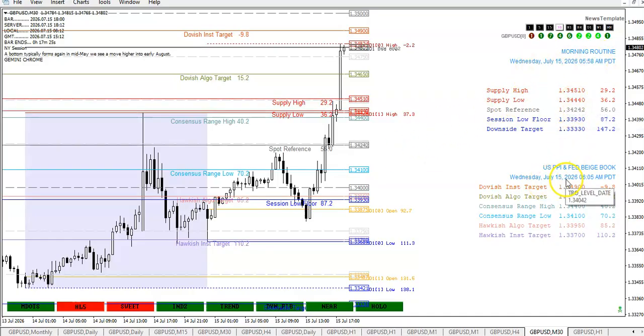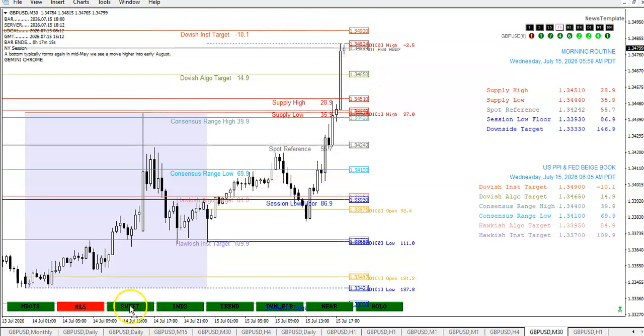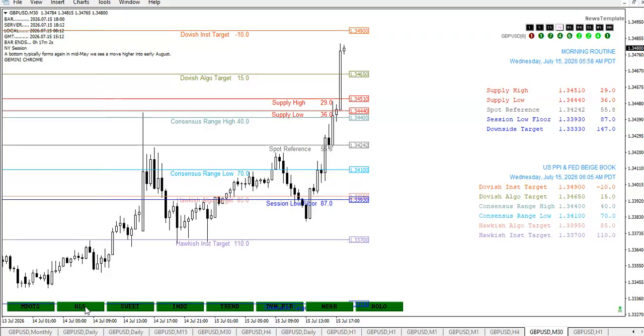I've got the morning routine and the news report, and they plot horizontal lines at different levels. We've got the sweet spot indicator here. So it's pretty simple. We've got the previous and current day's highs and lows. We can put that on or off.